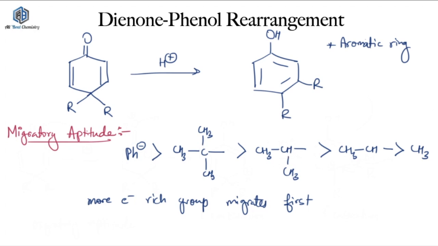So basically this is a 3-degree carbon, this is a 2-degree carbon, this is 1-degree, and this is the methyl carbon. So this is the order of migratory aptitude. By now I have explained Dienone-Phenol rearrangement. Now we'll get back to the question, and with the help of that question, we'll see how we can do it based upon this Dienone-Phenol rearrangement.